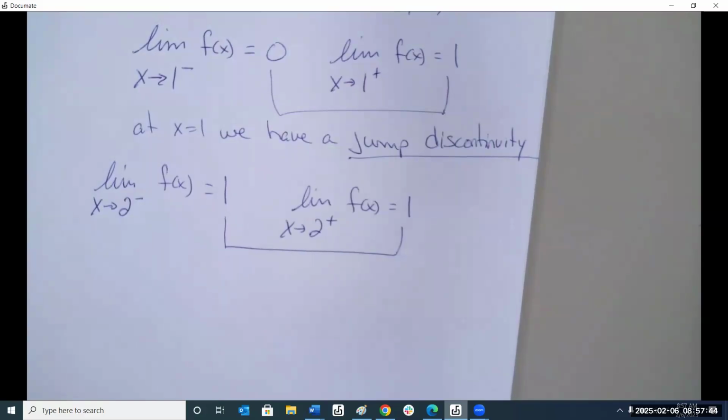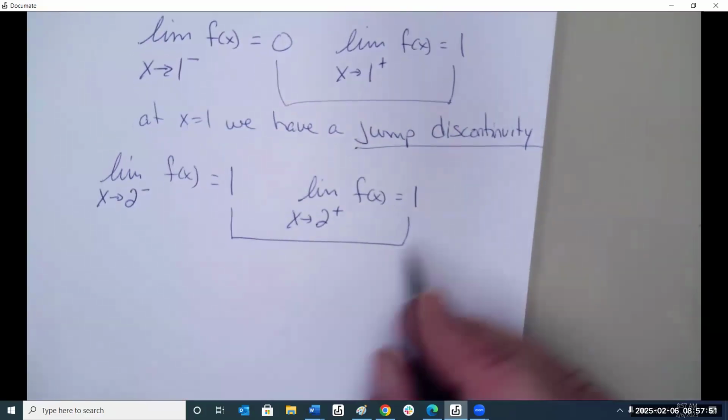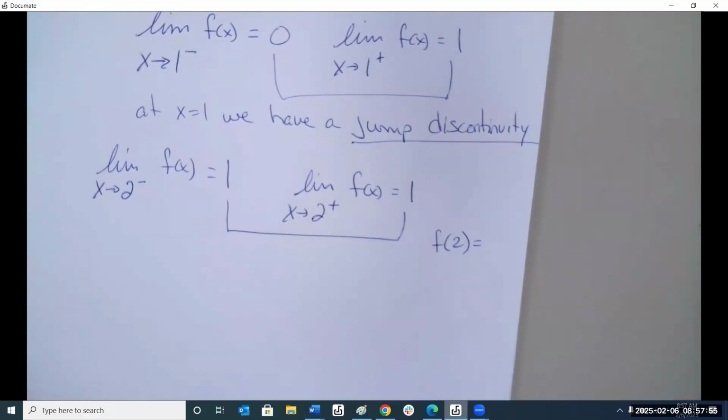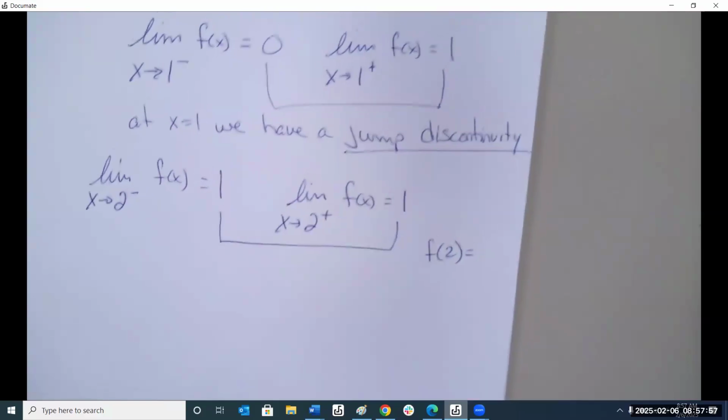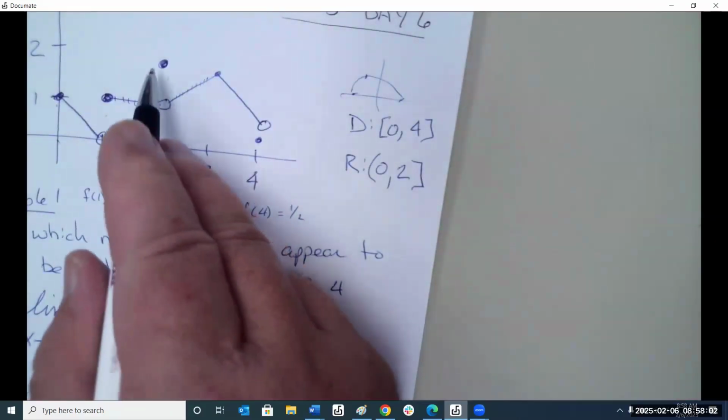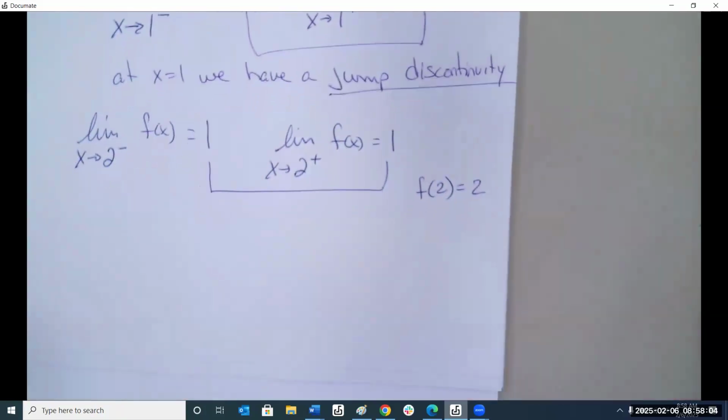They're both the same, but it's not continuous. Even though both limits approach the same value, what happens at f of 2? What does it become? At 2, what does it become? It becomes 2.